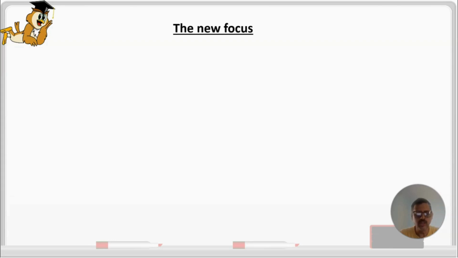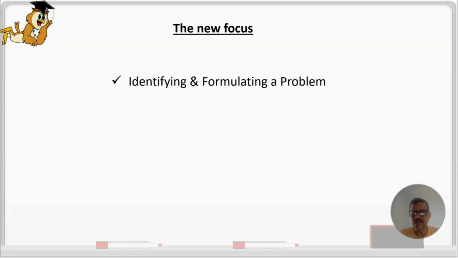The AI engineer is now expected to, first of all, identify and formulate a problem. This itself is not easy. Identifying a problem that can be solved with AI is itself a challenge, and then formulating it in a manner that can be easily solved. So this is the first challenge for an AI engineer.